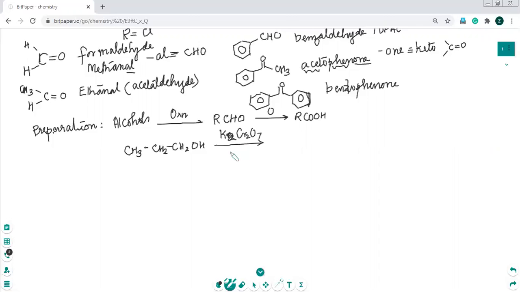It's a colorful reaction, I should say, because potassium dichromate has a very beautiful orange color, with sulfuric acid. And this will get oxidized into the aldehyde CH3 CH2 CHO, propionaldehyde.